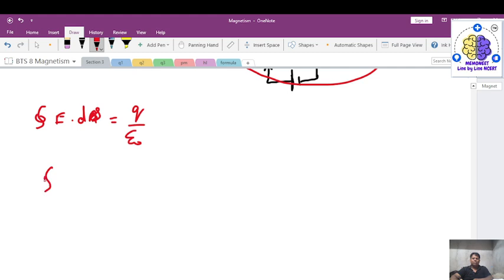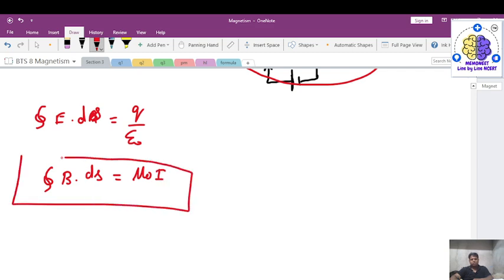Here we have the closed integral of B dot dl is equal to mu naught into I, and this is nothing but the Ampere circuital law, right?